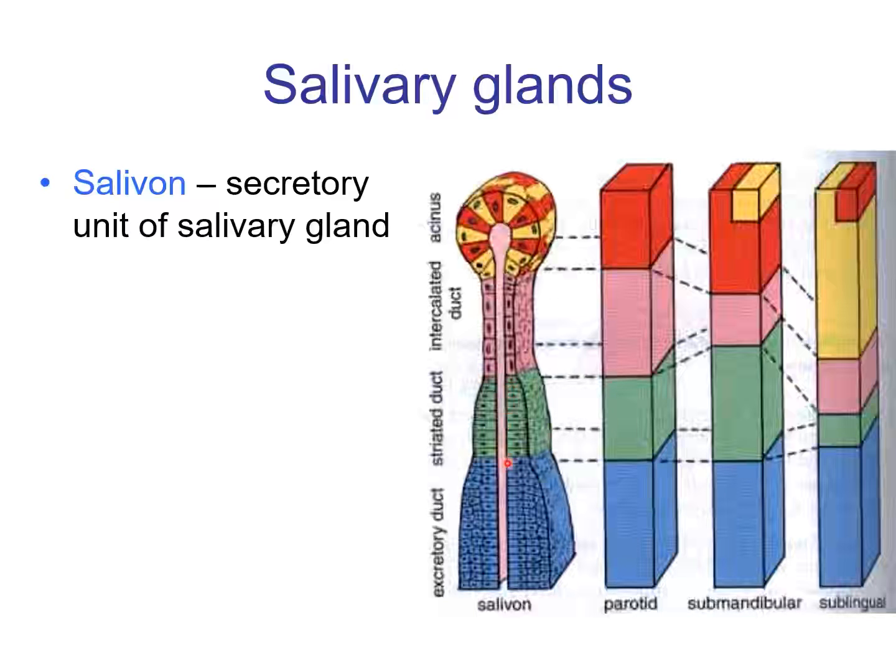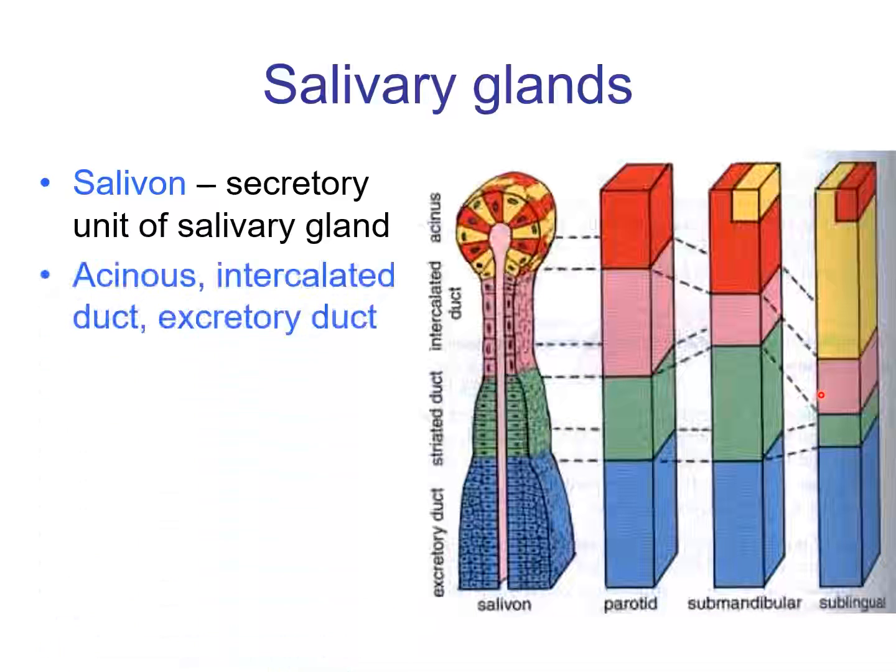The next part is the striated duct, which is cuboidal to columnar, and the last part is the excretory duct, which is lined by simple columnar or stratified columnar epithelium.